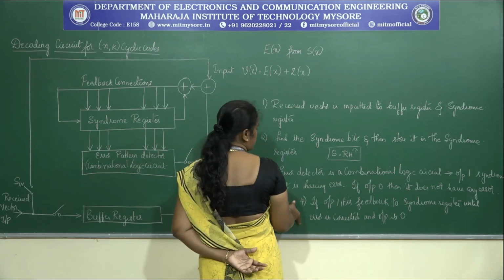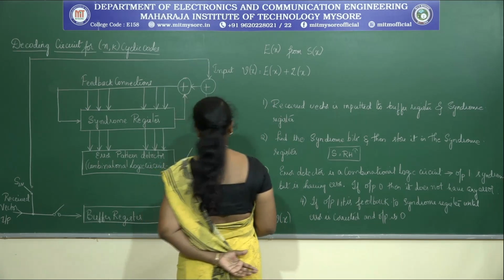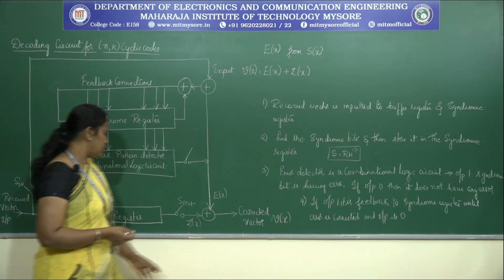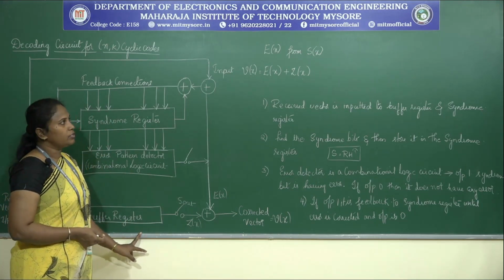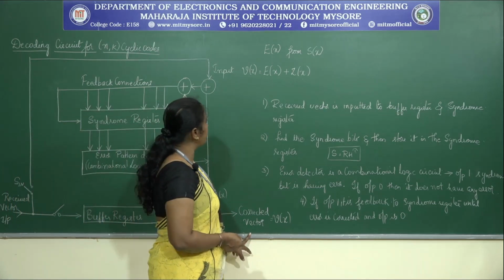So this fourth process what we have, that is the correction process, is going to continue until it is checked with respect to each of your received vector. Okay. So how are you going to find the corrected code vector here?